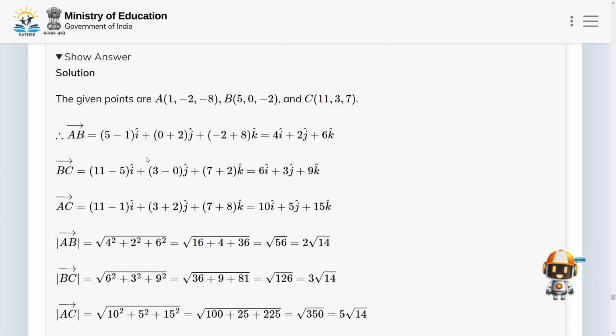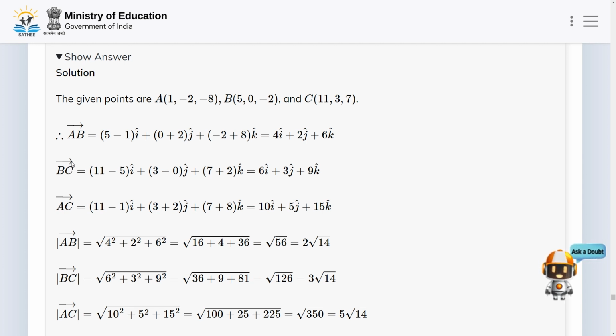This means they are parallel vectors. So AB and BC are parallel to each other.